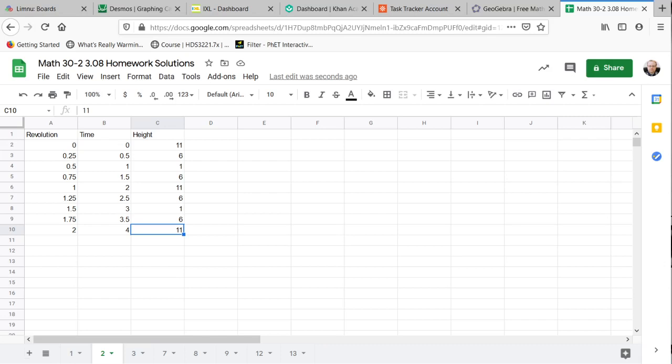So that's our second column, the 0.5, 1, 1.5, 2, 2.5 up to 4. And our height is our list 2: 11, 6, 1, 6, 11, 6, 1, 6, 11. All the Marvel fans are going, 616? What are you talking about? But anyway.